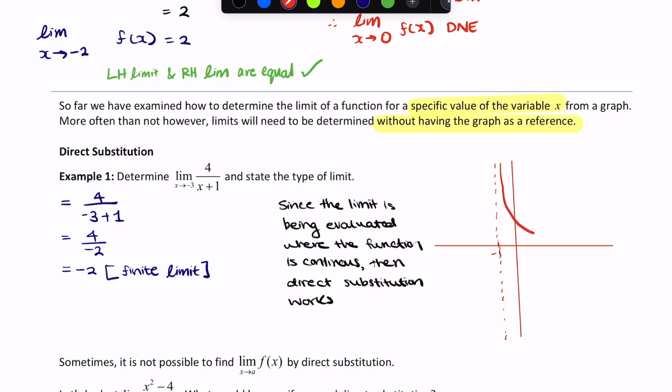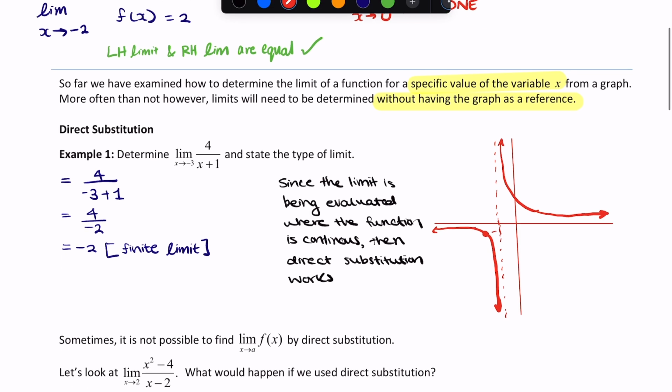And the graph looks something like this. Here we see that at -3, there is an actual value that exists here, which would be approximately at that area. So again, since the limit is being evaluated where the function is continuous, then direct substitution works.